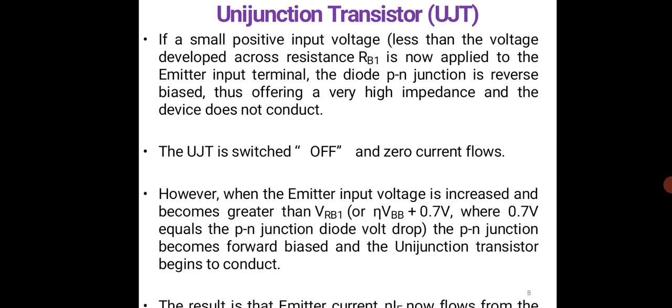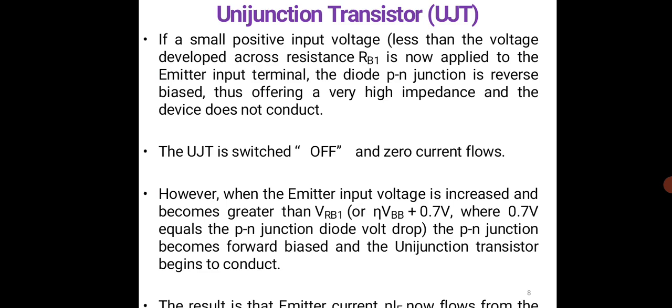If a small positive input voltage, less than the voltage developed across the resistance RB1, is applied to the emitter input terminal, the PN junction diode is reverse biased. Thus it will offer a high impedance and the device will not conduct. Now you say that the UJT is switched off and there will not be any current flow.